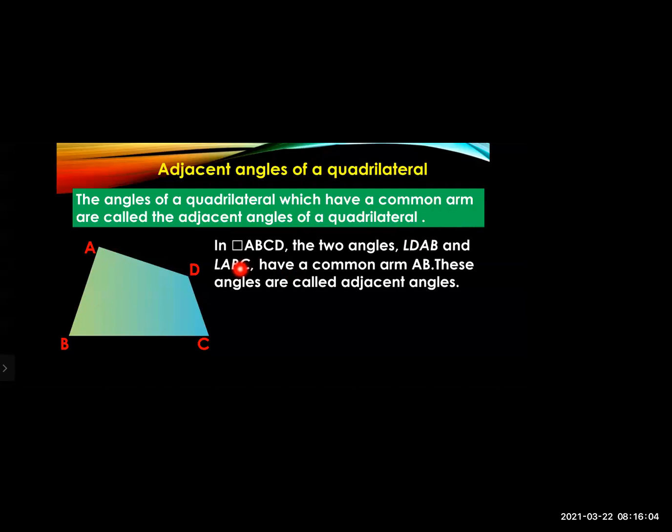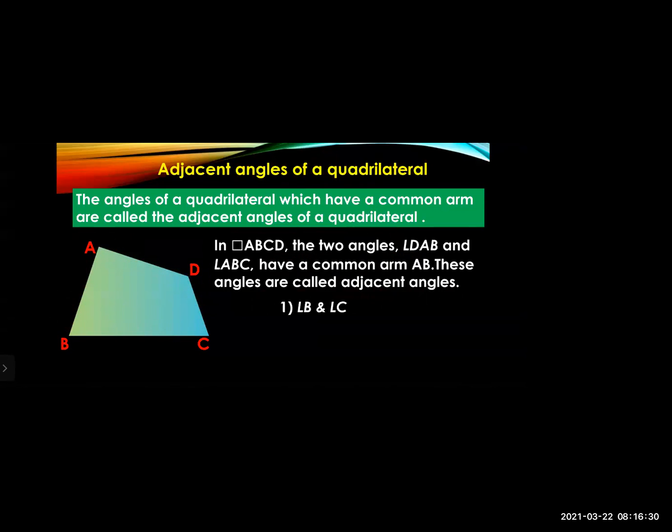Now here in quadrilateral ABCD, the two angles, angle DAB and angle ABC have a common arm AB. In both, if you see angle DAB and angle ABC, which is the common arm? AB is the common arm. So these angles are called adjacent angles.